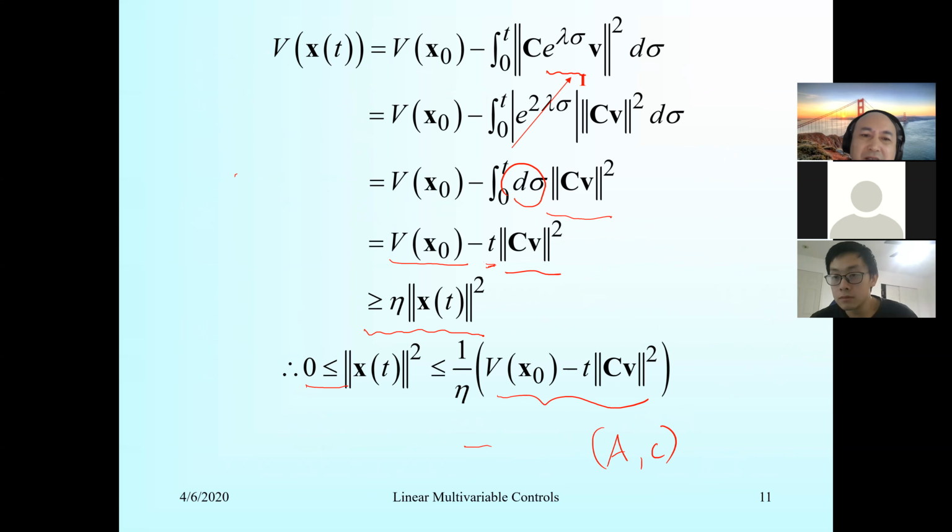Basically, we want to prove that the norm of x squared is bounded by the initial condition x0. So whether (A, C) is an observable pair is linked to the stability.